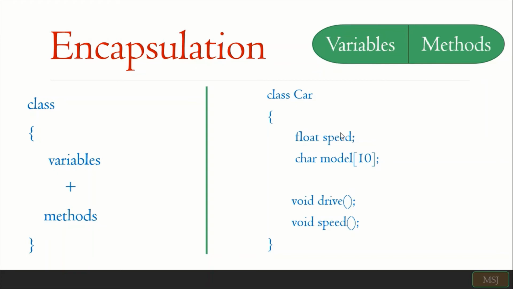Then these two are variables, and these other two are methods. Into a single unit, we are packaging these. It is called encapsulation.